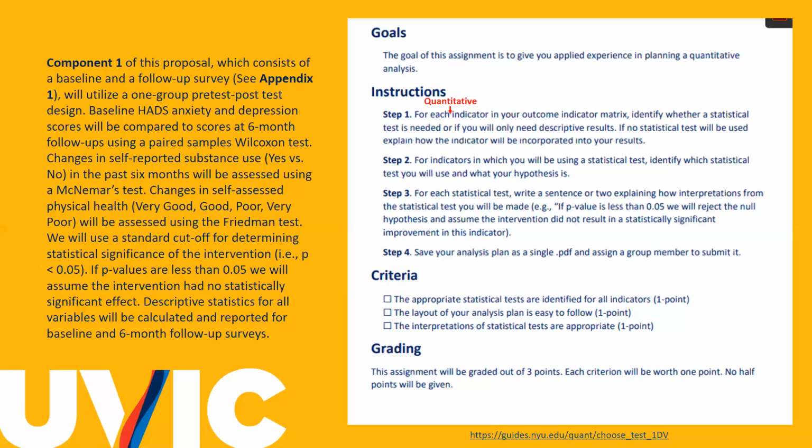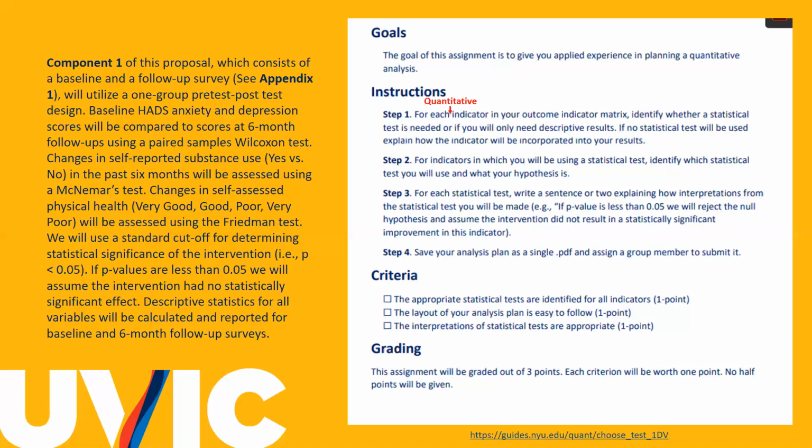The variables included in that example appendix are anxiety and depression scores, which are going to be measured at 6-month follow-up using a paired sample Wilcoxon test. So that's how I'm going to test that one. Another outcome is changes in self-reported substance abuse, yes or no, in the past 6 months, which will be assessed using McNemar's test.